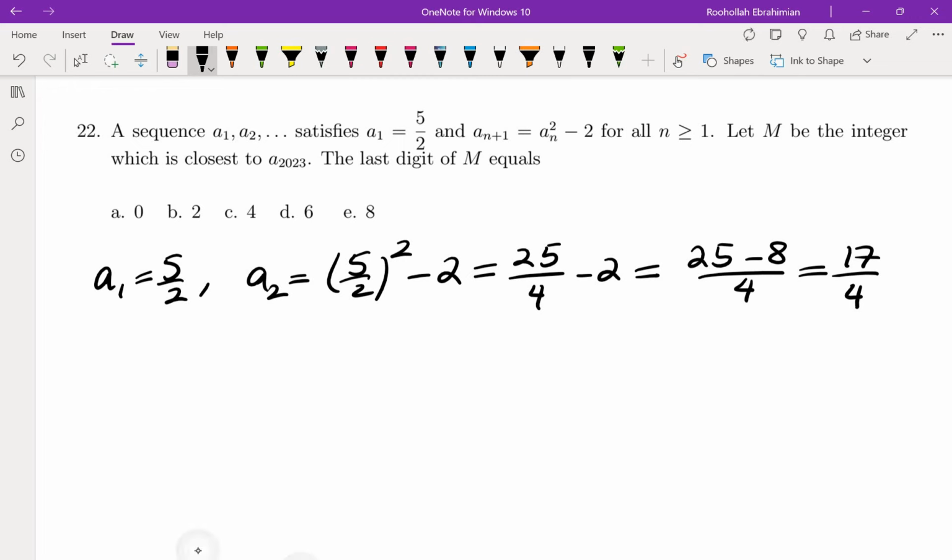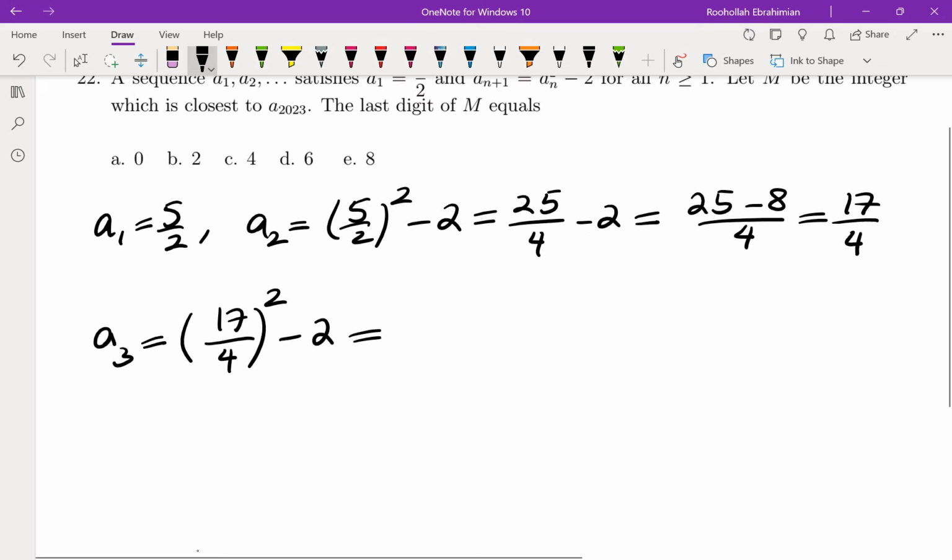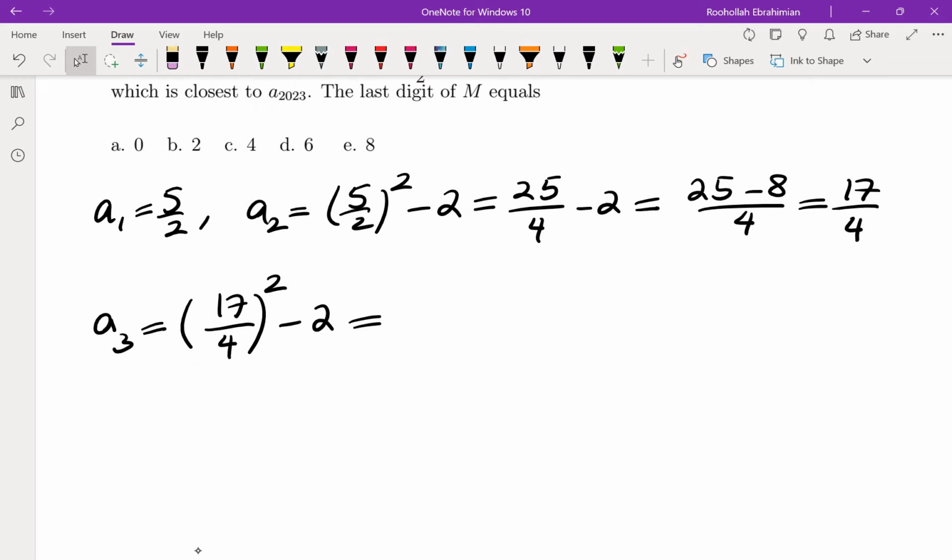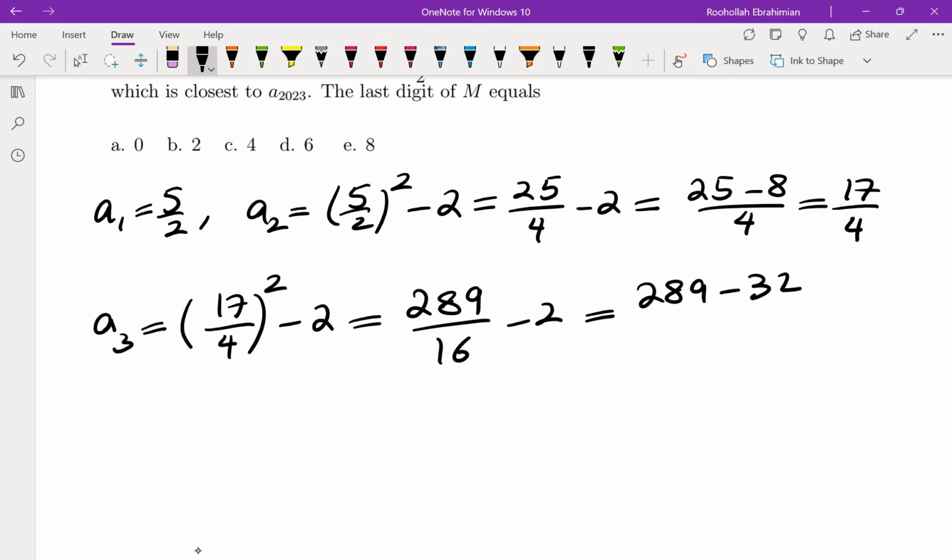Okay, then take that one and square that and then subtract 2. So if we square 17, we get 289 divided by 16 minus 2. That gives me 289 minus 32 divided by 16. And this gives us 257 over 16.